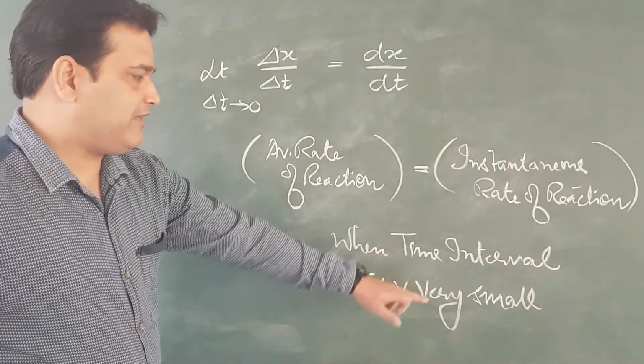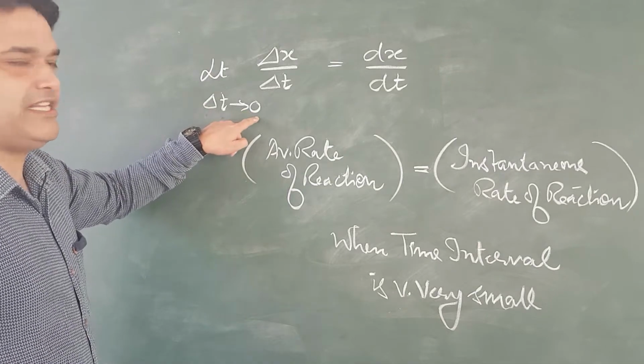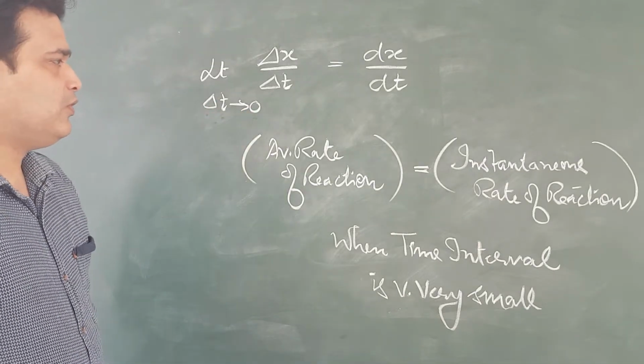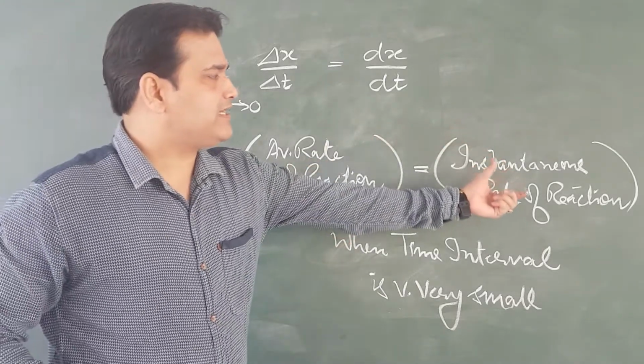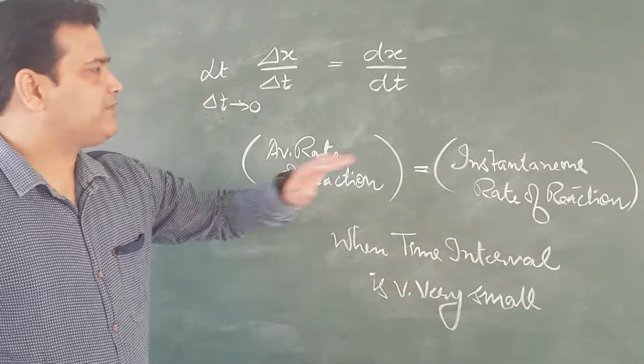When the time interval is very small, the change in time is negligible, change in time approaches 0. So average rate of reaction is equal to instantaneous rate of reaction when the time interval is very small.